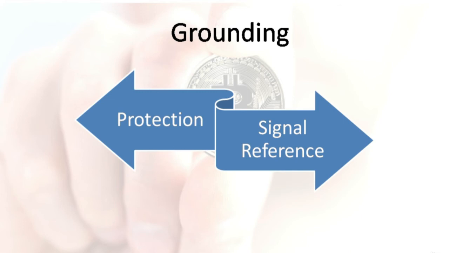Now, points 1 and 2 are actually referring to 2 different types of earth connections. The first point refers to protective earth, which is to prevent exposed conductive surfaces from carrying fault currents. But the second point refers to what we call a functional earth, which is to provide a 0-volt reference point for some equipment to function appropriately.